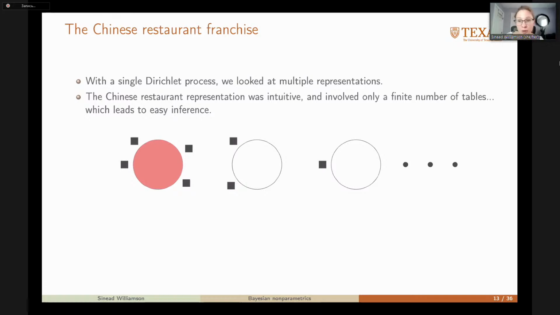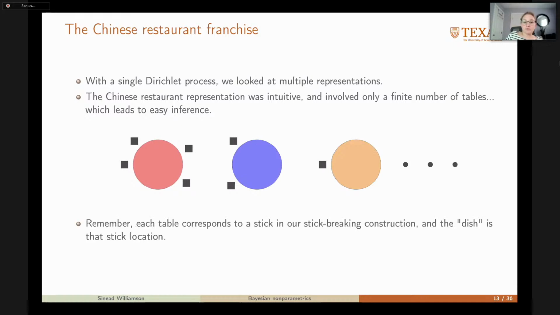A parameter, in other words. And those are going to be sampled IID from some distribution over parameters, right? So tying this back to our stick breaking, each table kind of corresponds to a stick, and the color of that table corresponds to the location of that stick.